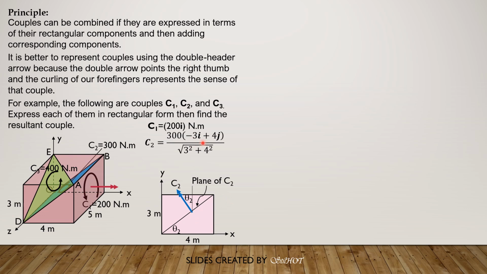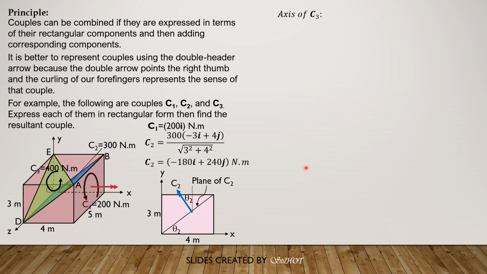So negative 3, then the adjacent of theta 2, pointing upward, the y component, is 4. So that's it. Negative 3i plus 4j divided by the magnitude of this vector, the square root of 3 squared plus 4 squared. So C sub 2 is negative 180i plus 240j Newton meter.